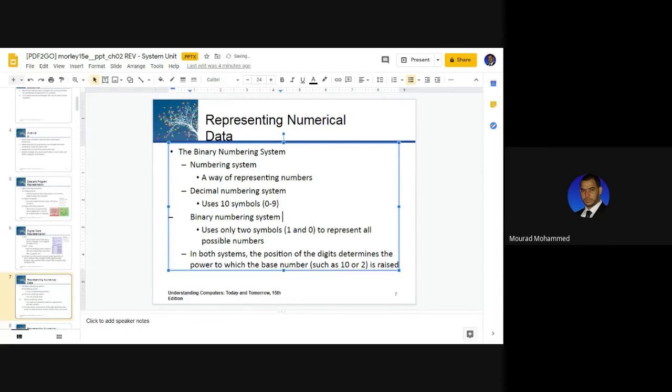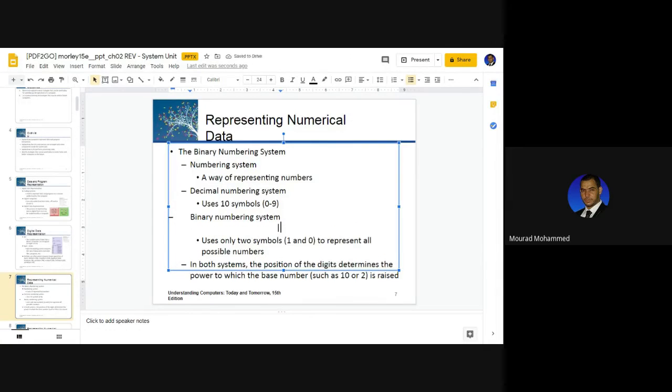I'm going to type something. 0010. See what I typed right now. What is this? This is something the computer understands. But for us to understand, I give you the number 2. For me and you, if I type 2 only, it is something we can understand.